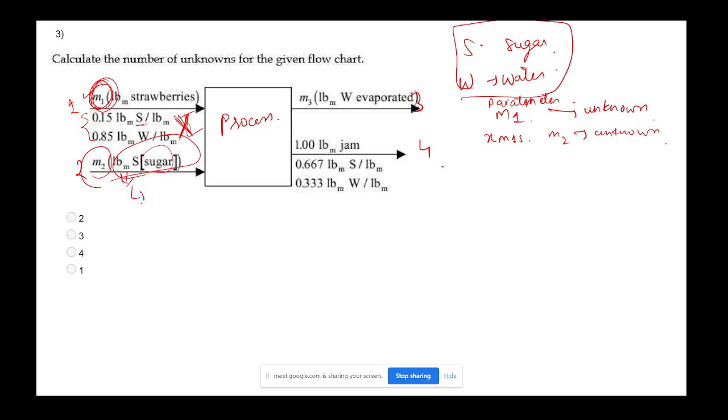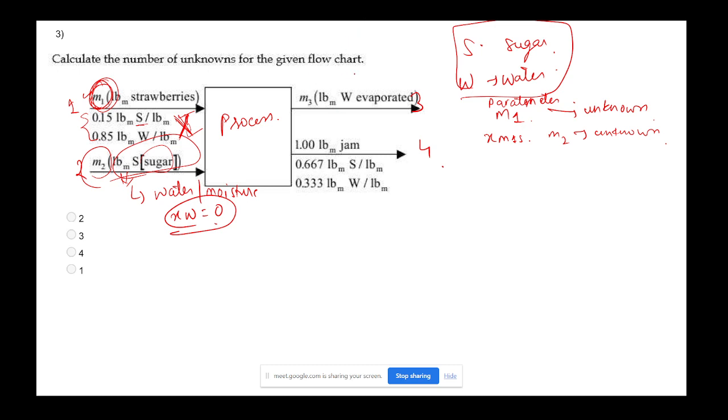So here you can say that water or moisture or XW in this is 0. So it is pure sugar. So in a way you can say that mole fraction of sugar in this is 1 and mole fraction of water in this is 0. So you know the composition of sugar here.